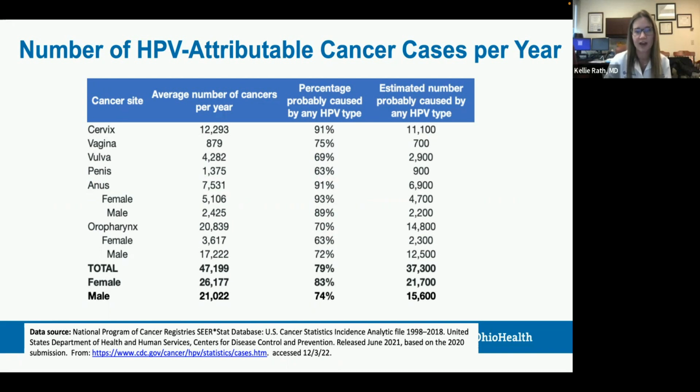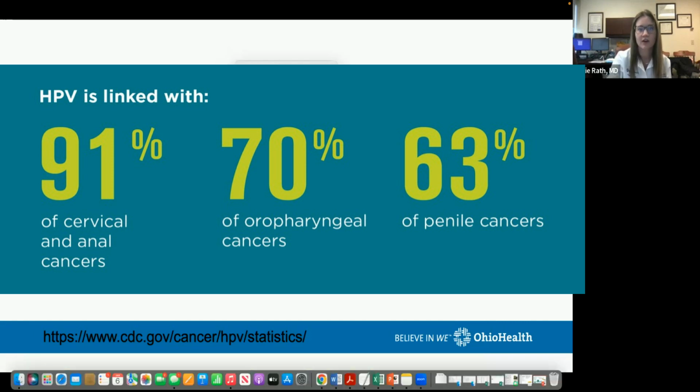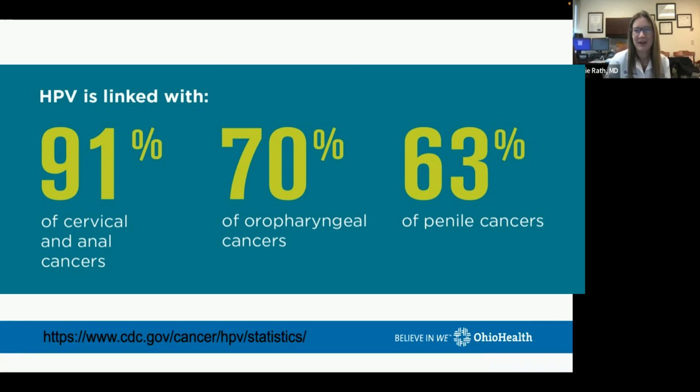We're looking at almost 40,000 cancers a year that are attributable to HPV infection. To remember, about 90% of cervical and anal cancers, about 70% of oropharyngeal cancers, and 63% of penile cancers are linked with HPV. By preventing HPV, we could potentially prevent a large number of cancers.